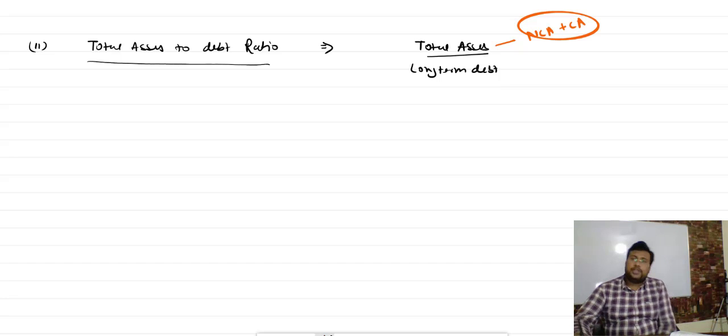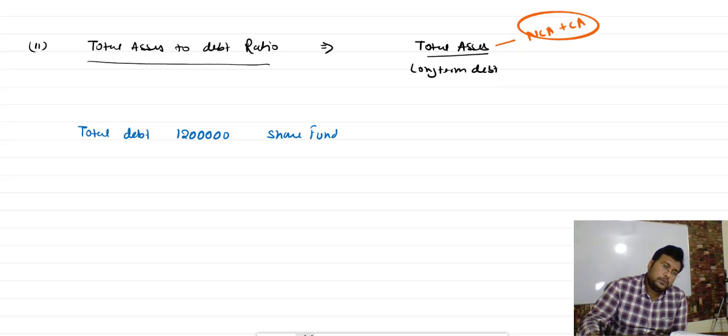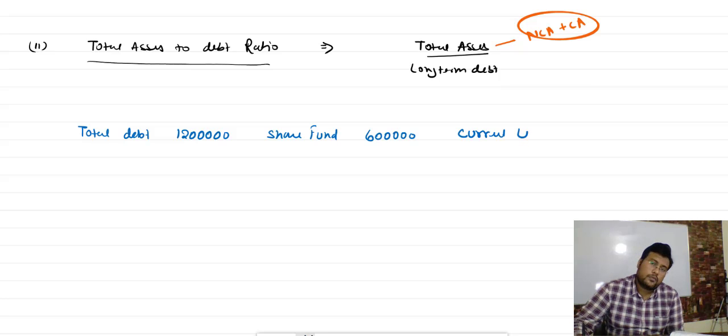So suppose a question is there on the basis of this particular formula. The question is: total debt is 12 lakh rupees, shareholder fund 6 lakh rupees, current liability 4 lakh rupees.